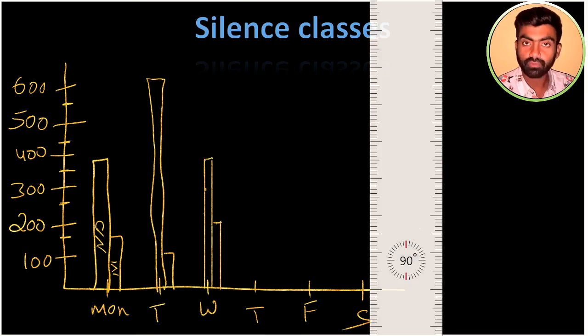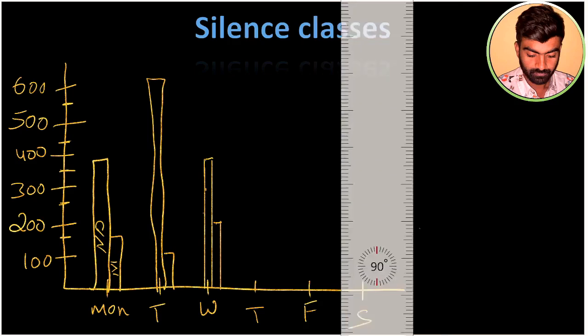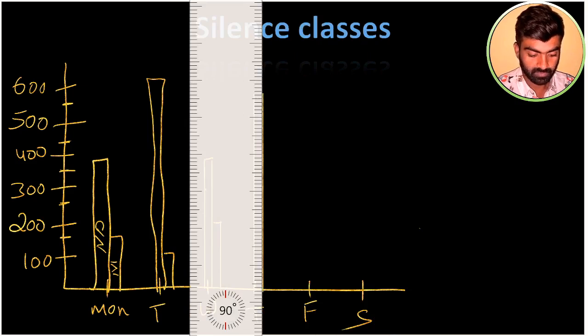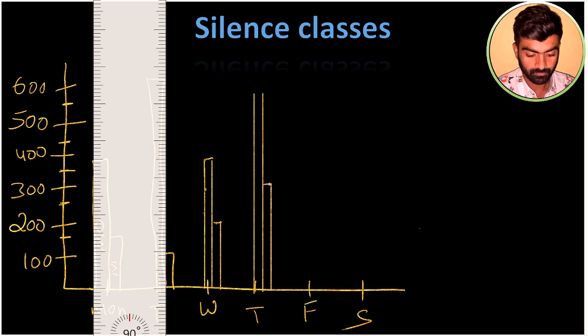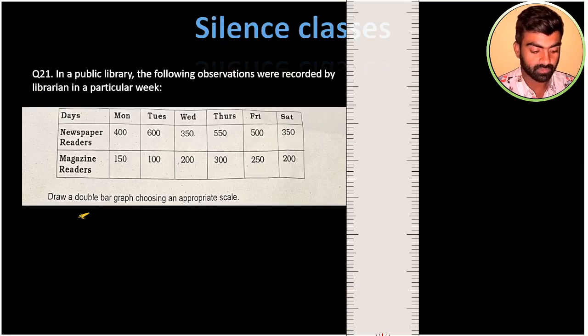You have to draw it by using the scale and pencil. You have to draw it neatly. On Thursday 550 and 300. 550 means from here, and 300 over here. Now on Friday 500 and 250.